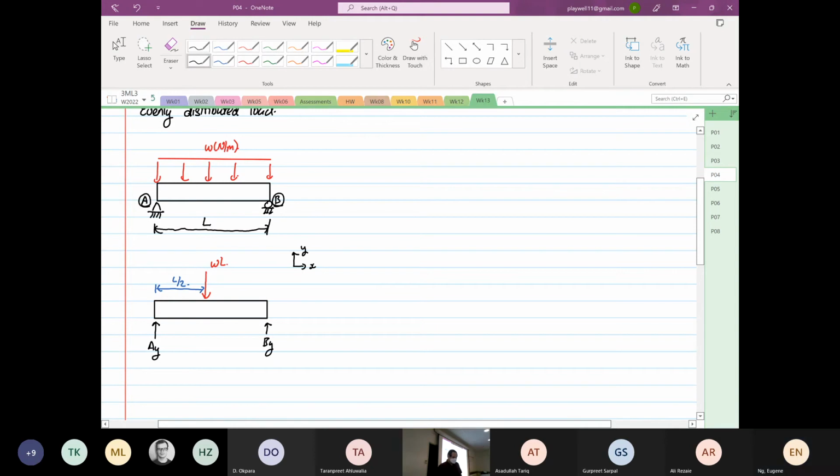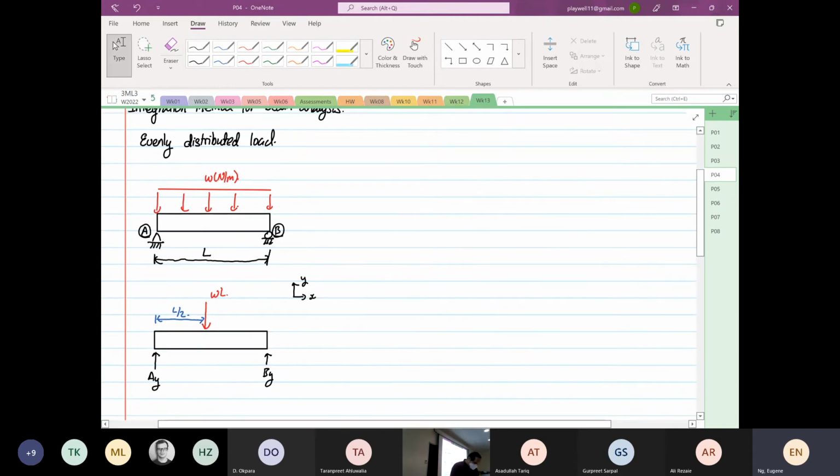Okay, so that is a straightforward, evenly distributed load. Then if we have a gradient distributed load, right?